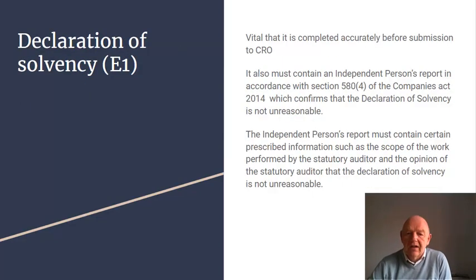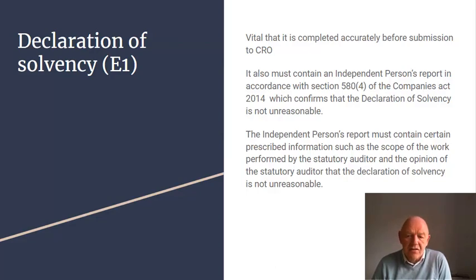So it's vital, just in relation to the declaration of solvency, that it is completed fully and accurately before it's submitted to the CRO, because if there's any mistakes in it, you need to go to the High Court to have it rectified. This declaration of solvency will also contain an independent person's report in accordance with the Companies Act, which confirms that the declaration of solvency is not unreasonable.